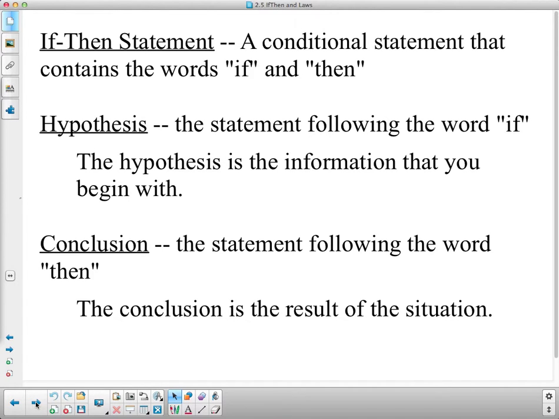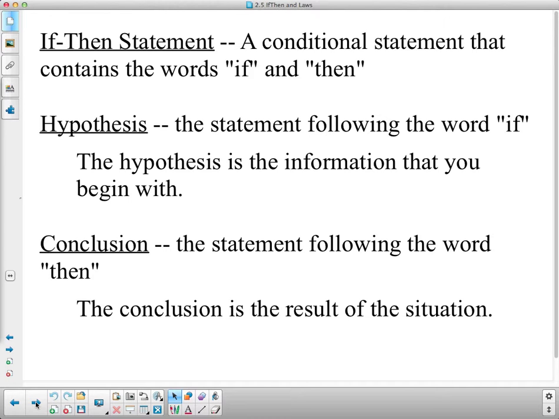You came up with one, what's another one? If then. What happens if a cow dies? If a cow dies, then call the dead wagon. So what's the hypothesis?